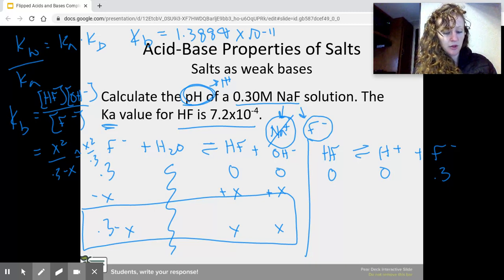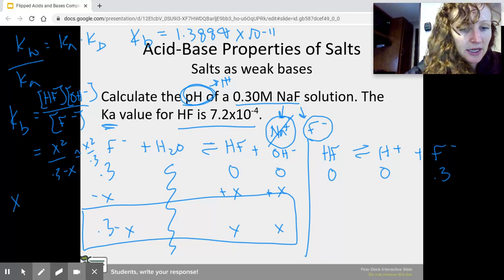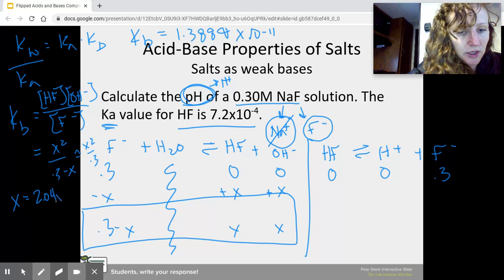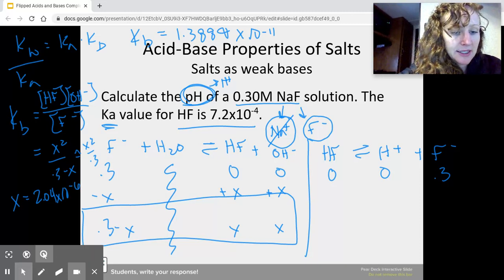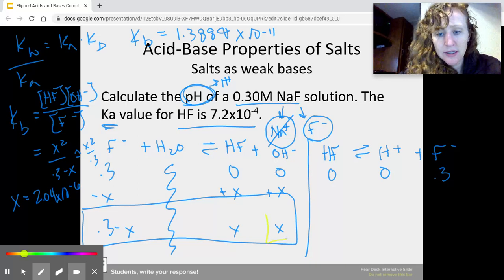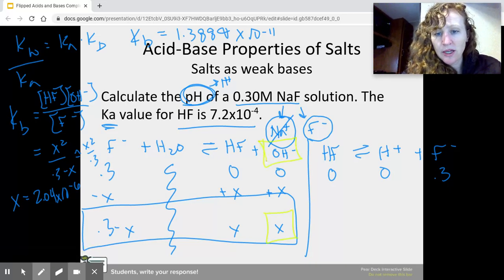Okay, times 0.3, square root of that. My x is going to be equal to 2.04 times 10 to the negative 6. And that x is my OH minus concentration.